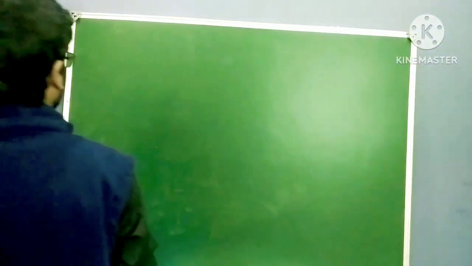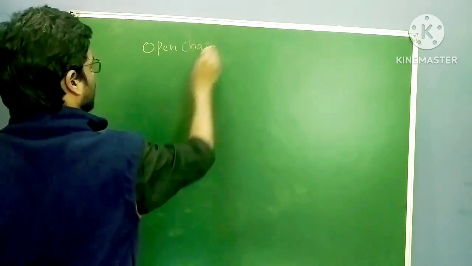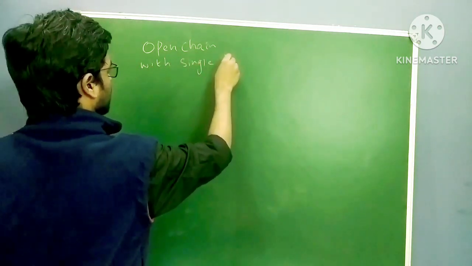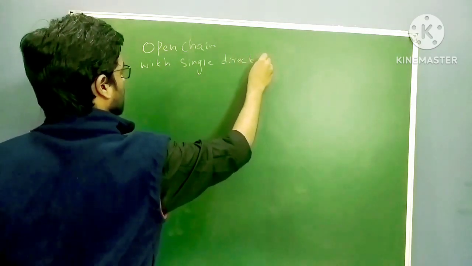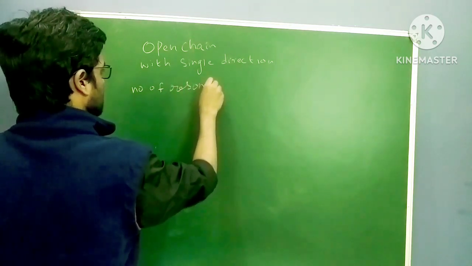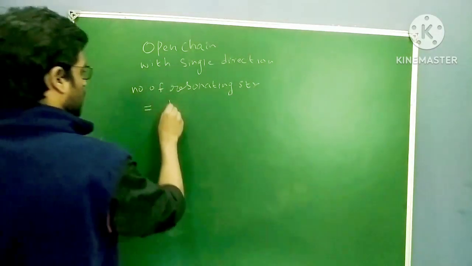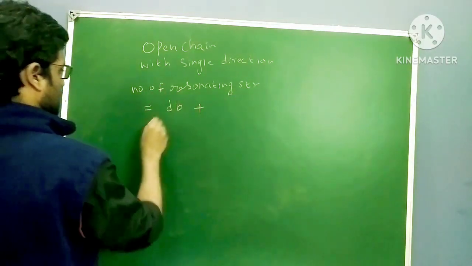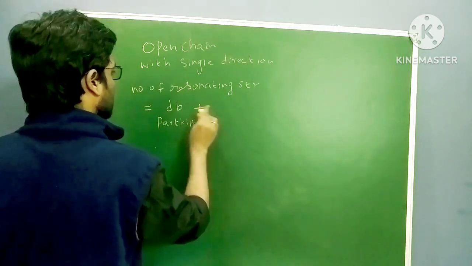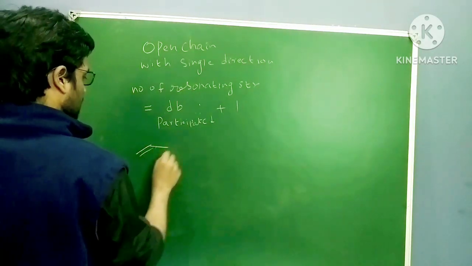When we have open chain with single direction, number of resonating structures is equal to the number of double bonds participated in resonance plus 1. For suppose, for example, I am giving here double bond, here positive charge.